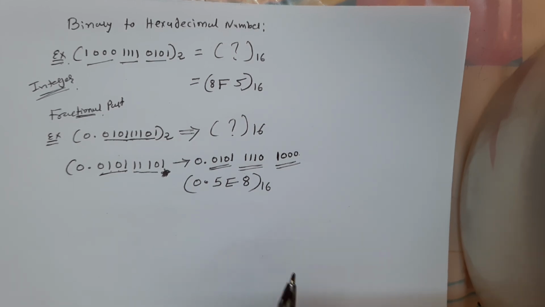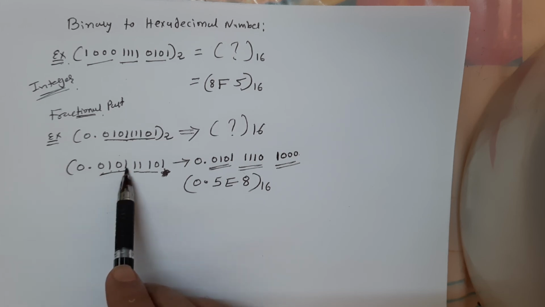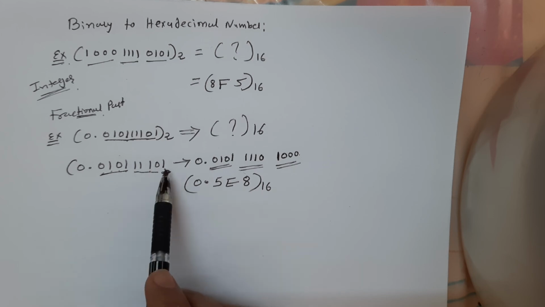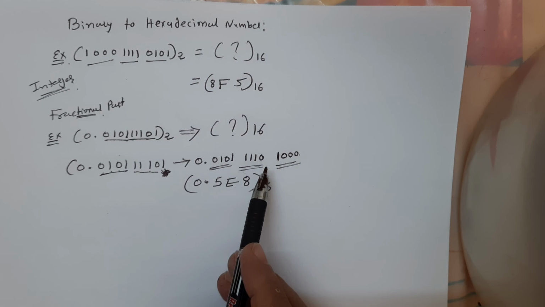So be careful, you choose first 4, next 4, next 4, and if there is a last 1 or 0 or whatever, then you make it 4 bits with the help of 0.